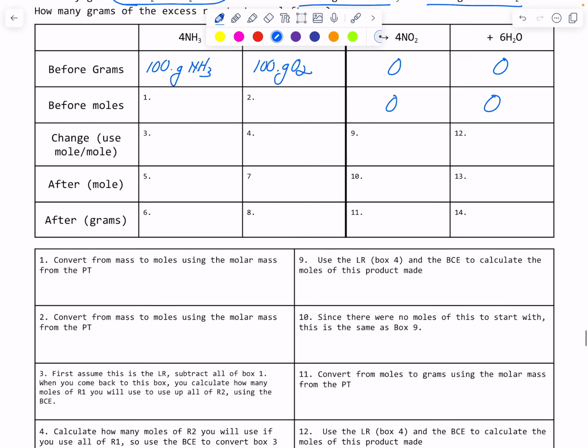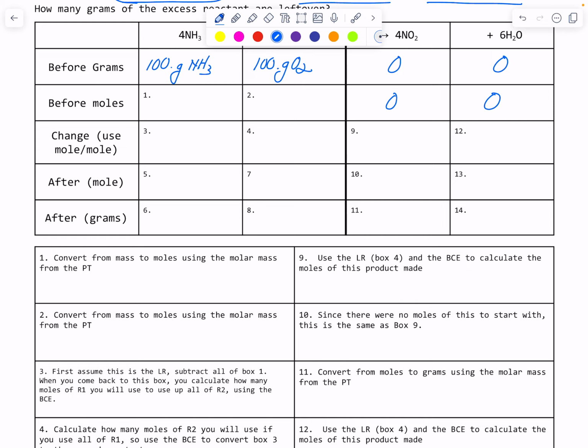I would need to convert both of these over to moles. So I just take my 100 grams of ammonia, 1 mole per 17.034 grams. That means I would start with 5.8706 moles of ammonia.